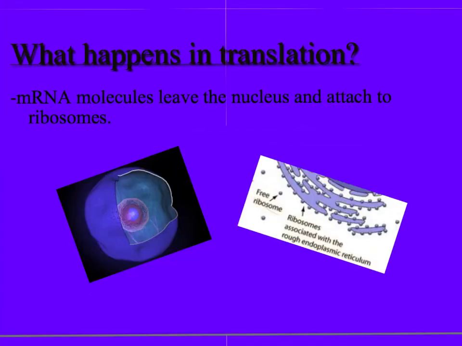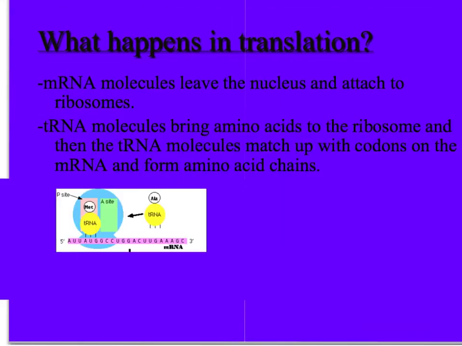What happens in translation? The first step of translation is mRNA, which was transcribed in the nucleus, travels and attaches on to ribosomes, either attached to the ER or free ribosomes. Step 2 is a molecule called tRNA, brings amino acids to the ribosomes, and the tRNA molecules match up with the codons, or 3 letters, words, on the mRNA and form amino acid chains.